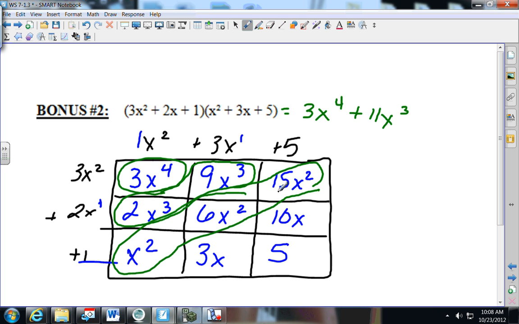I have 15 plus 6, 21, plus 1 is 22. Plus 22x squared. Then I have my x's. Plus 13x. Then plus 5. All of that is my answer.